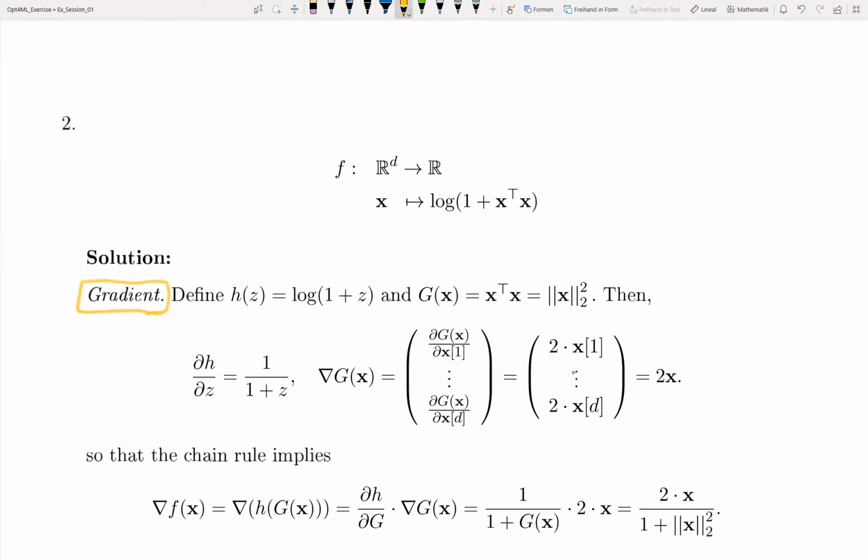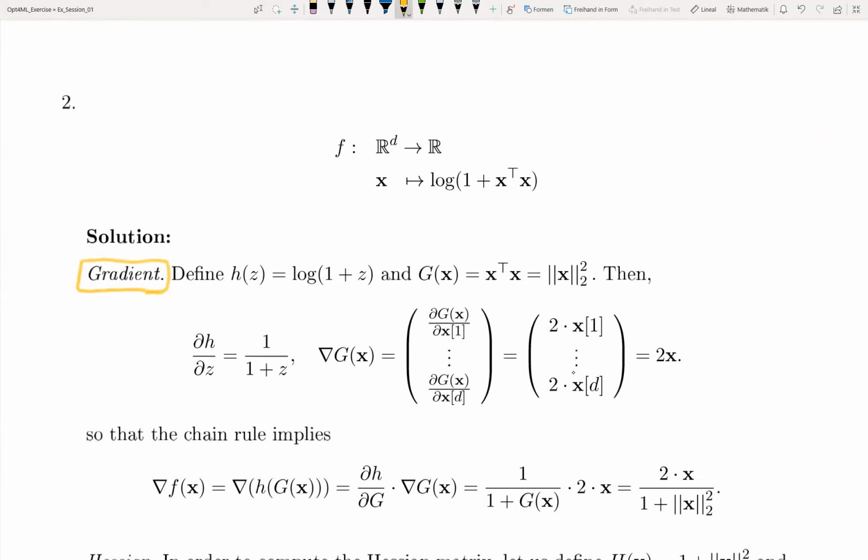So let's go over it rather quickly because it's more or less quite straightforward from what we did before.